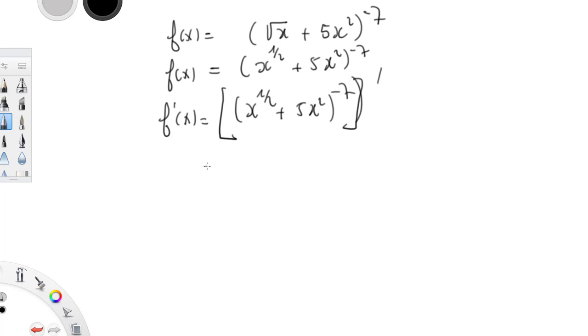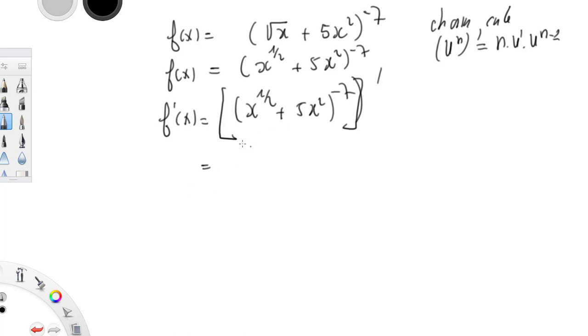And here the power is negative 7, so we still use the chain rule, which is u to the power of n, prime, would be n times u prime times u to the power of n minus 1, right?